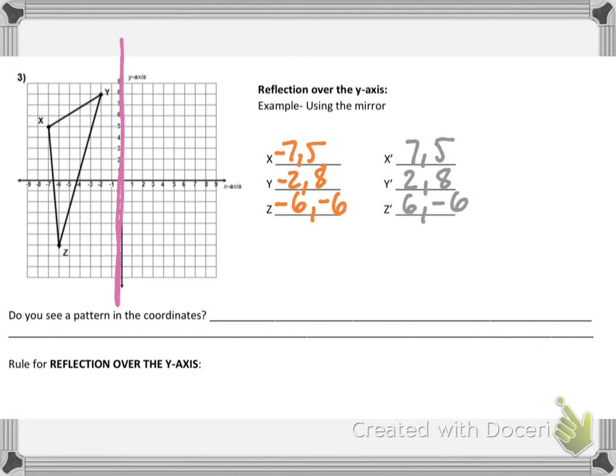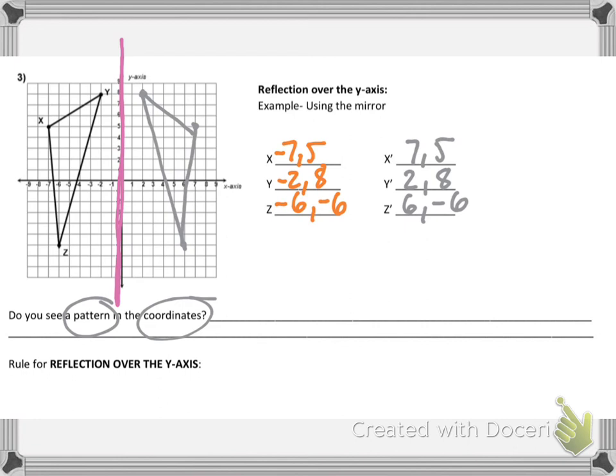So that's 7, 5, we have 2, 8, and then we have 6, -6. And those will be the coordinates of the image.